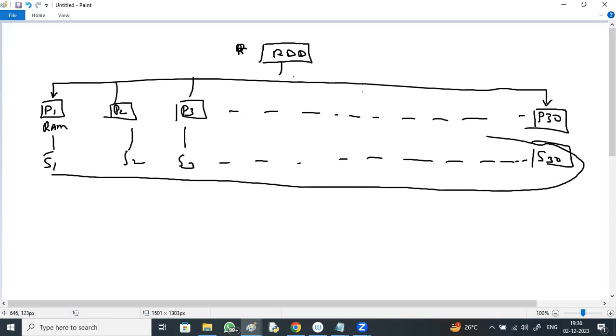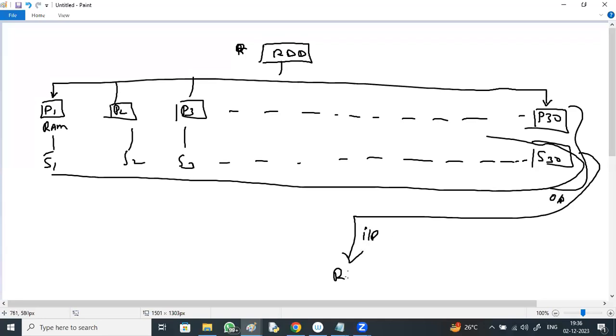The output of this is given as input to RDD2. If this is RDD1, the RDD1 partitions are divided into multiple partitions, stored across multiple systems and processed.